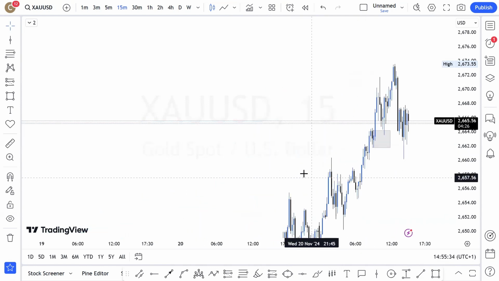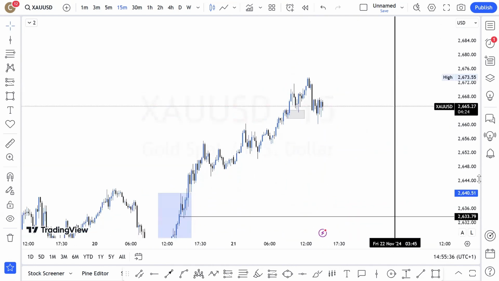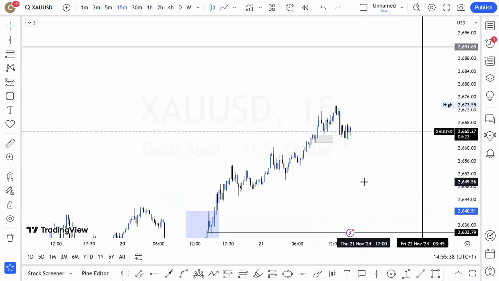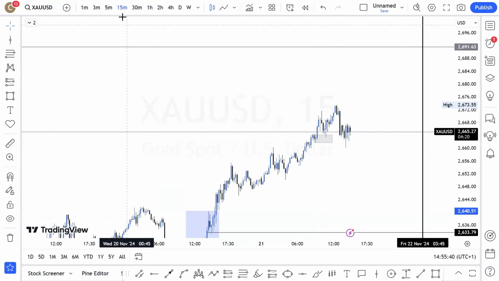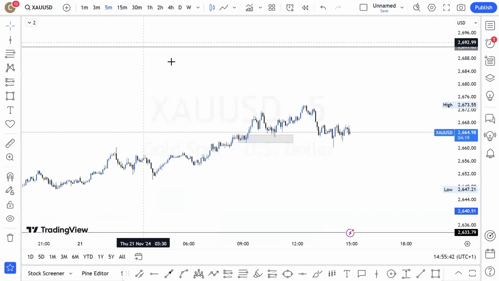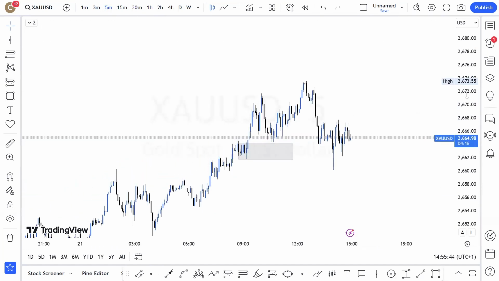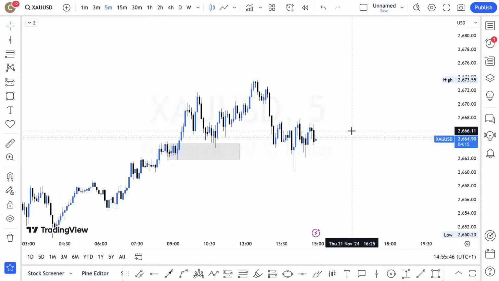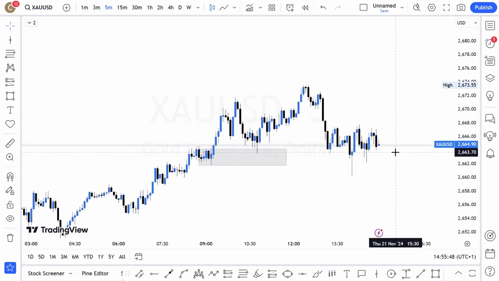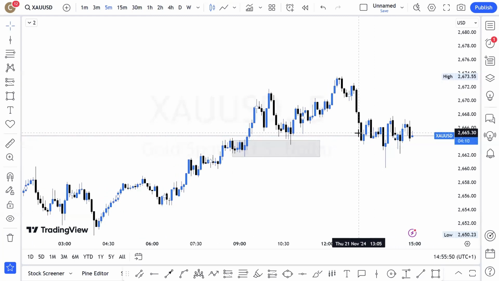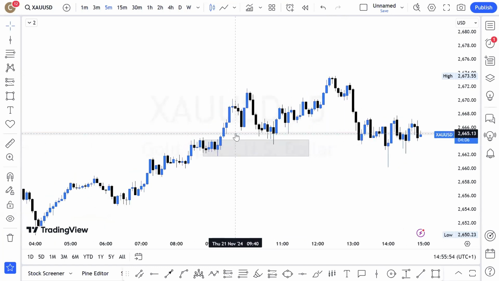You understand? So what's the question now? The question is, I went down to 5 minutes. On the 5-minute time frame, it is a change of character at that zone when the market came back. So you're looking at this as a change of character.